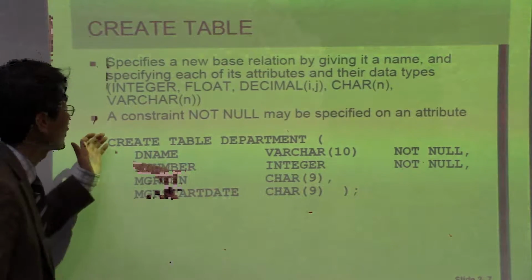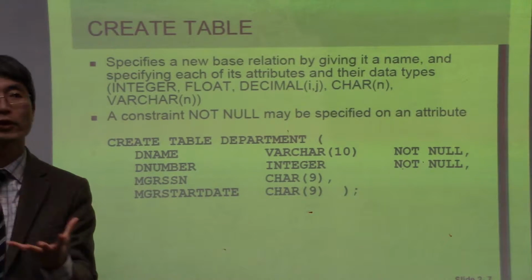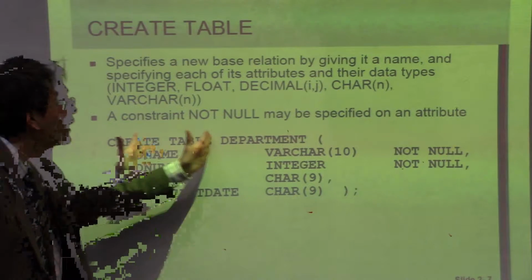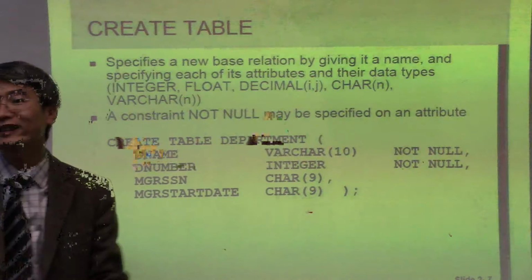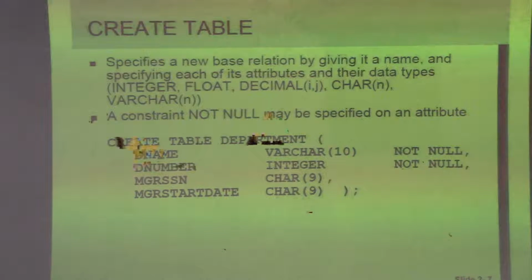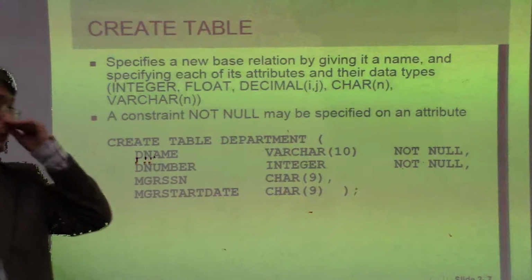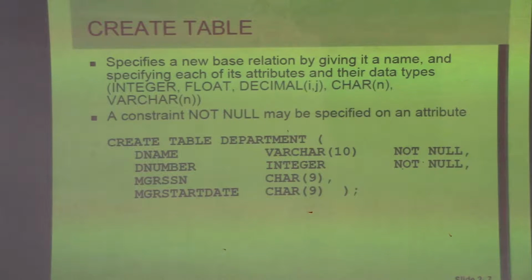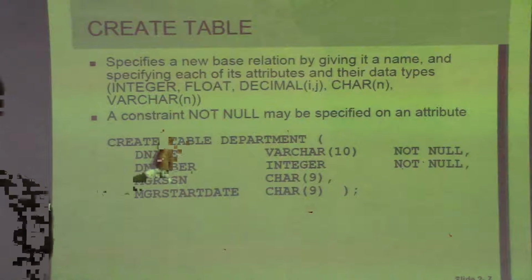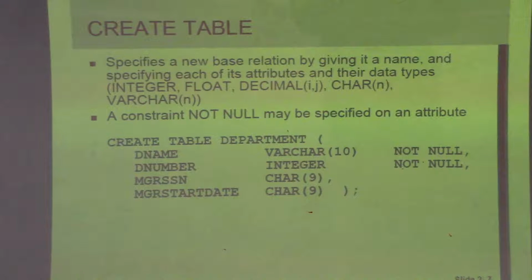So the basic syntax, you can understand intuitively, like for example, create table and table name. It's not case sensitive, but usually we use capital letters, not lowercase. But it doesn't matter. In the database, it's saved as capital letters.